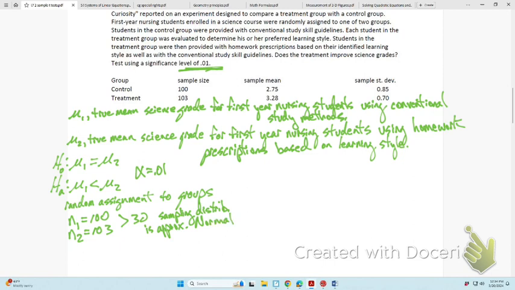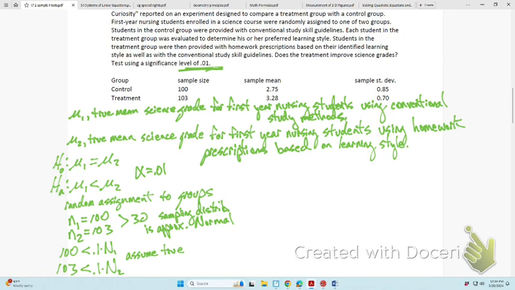The sample size we're going to have to assume is smaller than 10% of the population. This is just one population of first-year nursing students, so the sub numbers N1 and N2 don't really make sense there, but it's fine. Assume true. It's probably true.